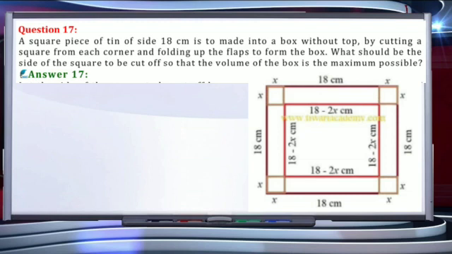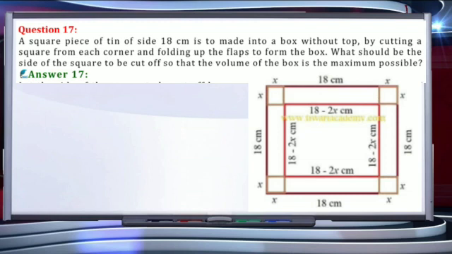As we are cutting a square piece of edge x from each side, this implies that from the length we are deducting 2x, from the breadth we are deducting 2x, but its height will be x. So length is 18 minus 2x, breadth is 18 minus 2x and its height is x.